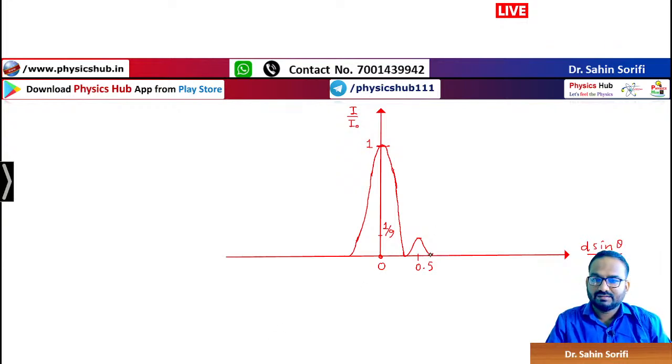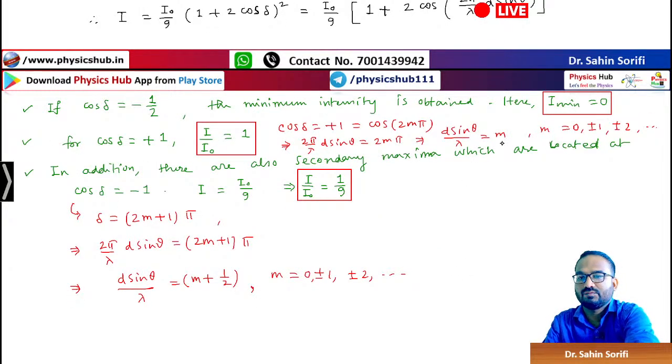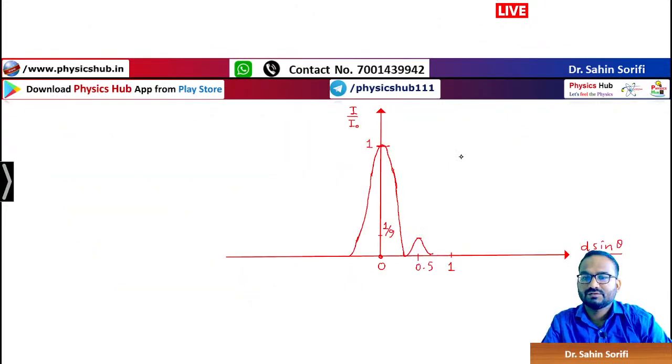And again, at a whole value of 1, because it is proportional to m, you will now put m equal to 1, d sin theta by lambda is equal to 1. So at this location, what do you get? You will get again the primary maxima like this.